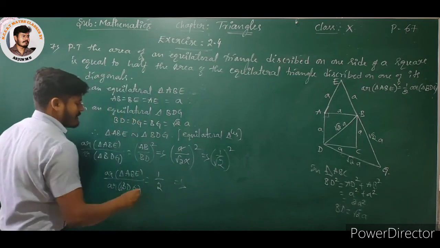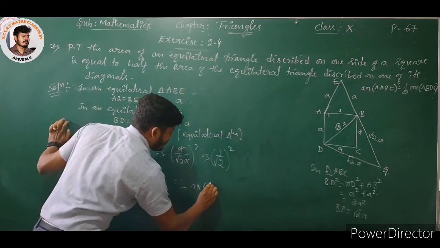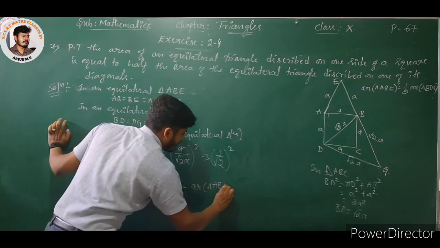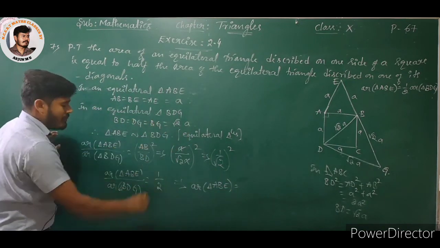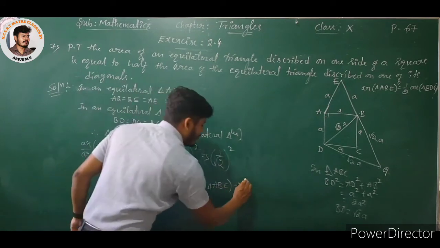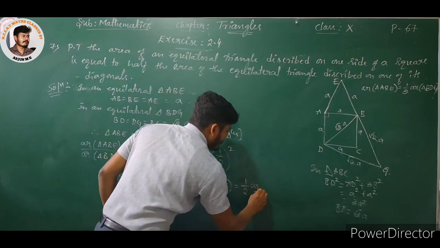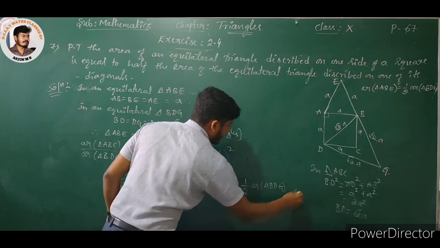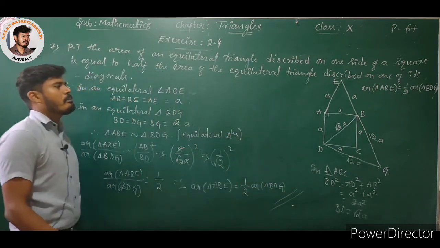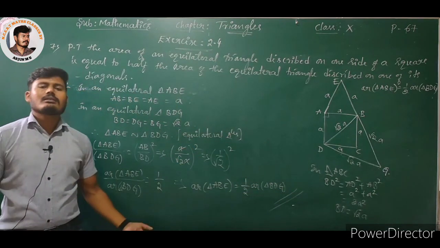It can be written as area of triangle ABE is equal to, you just transpose area of triangle BDG to RHS, half of area of triangle BDG, right? So this is the required proof of this question.